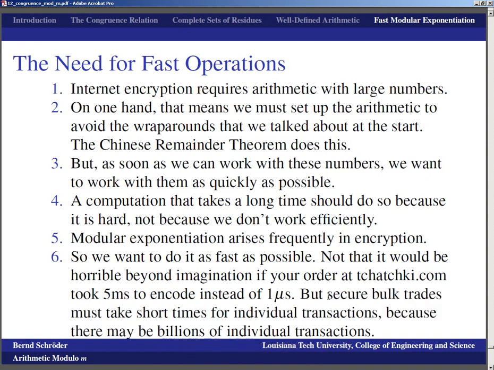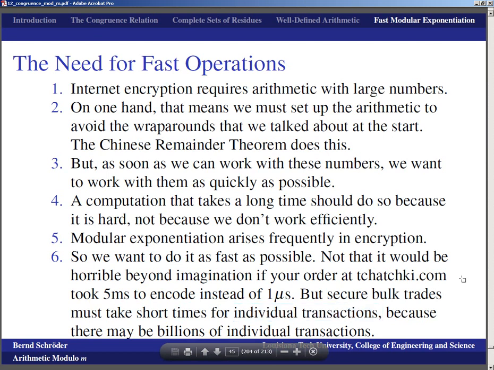However, markets also run on these things, and this is something where I have very little direct knowledge, but I talked to a guy who actually works as a trader, is a mathematician who works in the private sector, and he told me that secure bulk trades must take a short time for individual transactions, because even when you're trading a million shares, keeping track of things is happening on a per share basis. And even if it doesn't, there are large numbers of trades where you trade shares from different companies, which are all individual transactions. And I think that is the key here, individual transactions.